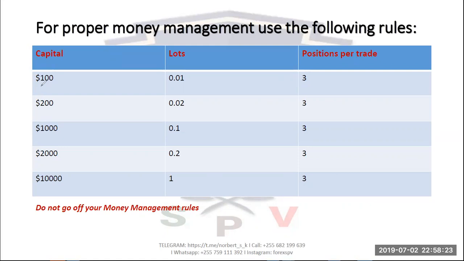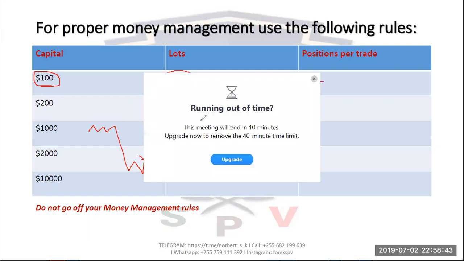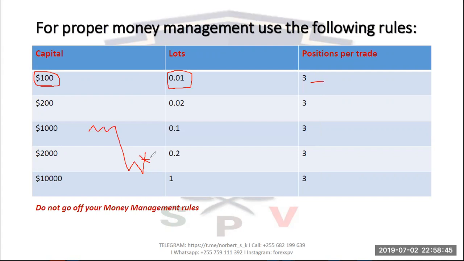So you have a $100 account. So the dealer has given you an entry here. So your entry is here. You enter 0.01 lots, but you enter 3 positions. So here you enter 3 positions. Like you have your first position, your second, and the third.